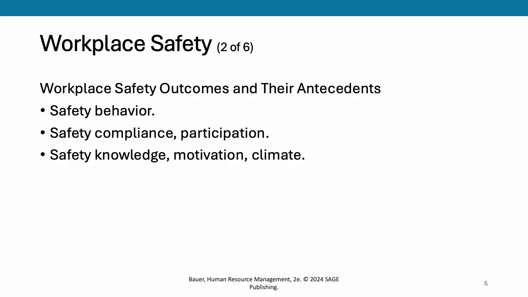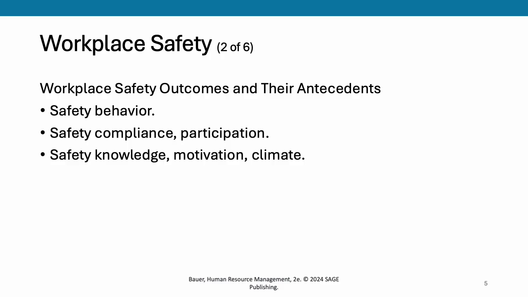Safety knowledge is making sure everybody understands what they need to do to stay safe and how to protect themselves, so they understand all the safety protocols that go with a particular job. Safety motivation is how motivated people are to behave safely. The lower the motivation, which could be because of disengagement and all sorts of dissatisfaction issues, the higher the likelihood of accidents.